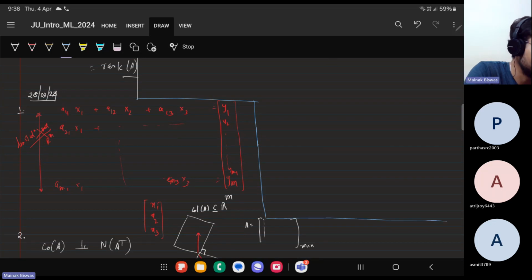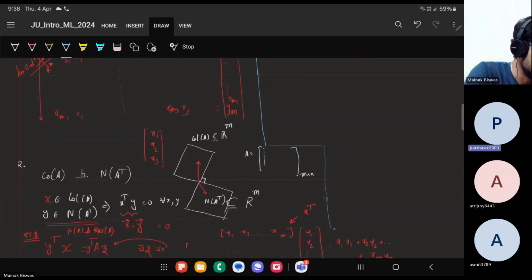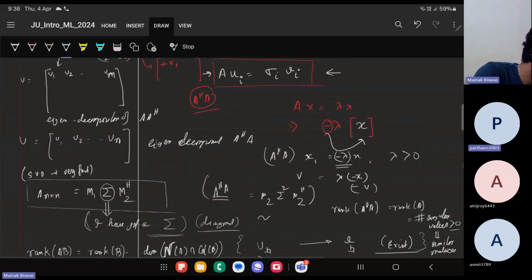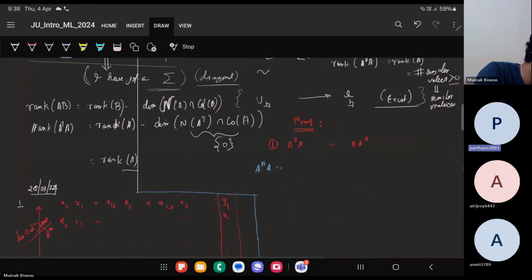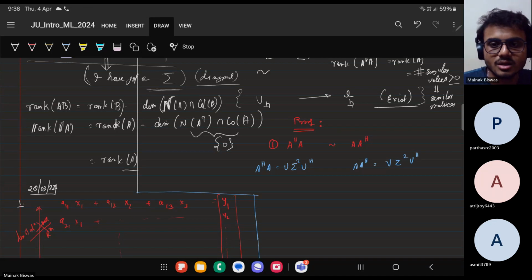How can I do this? First, we have to write A A Hermitian and A Hermitian A. A A Hermitian is U sigma square U Hermitian, and A Hermitian A is V sigma square V Hermitian. Now what can I do?